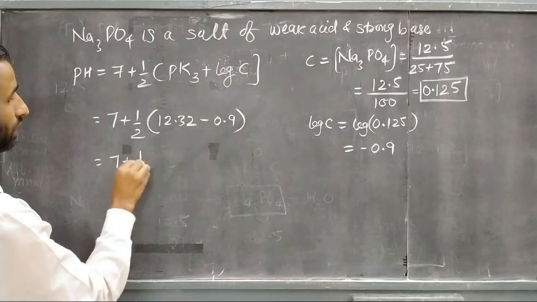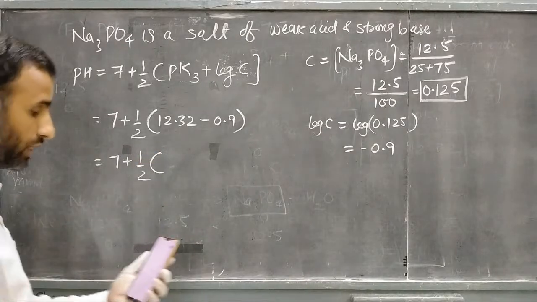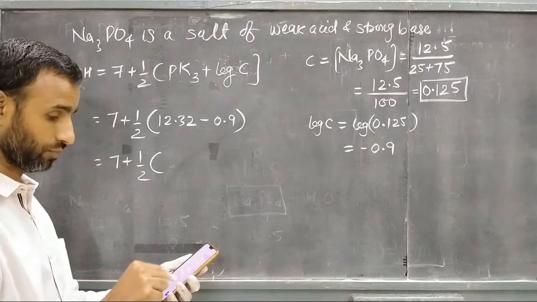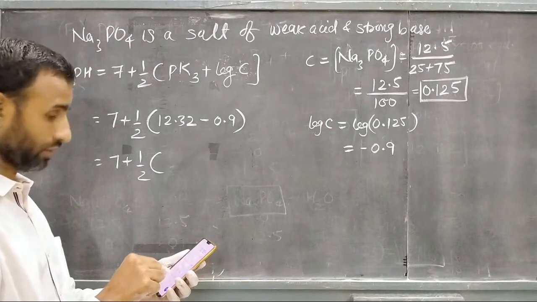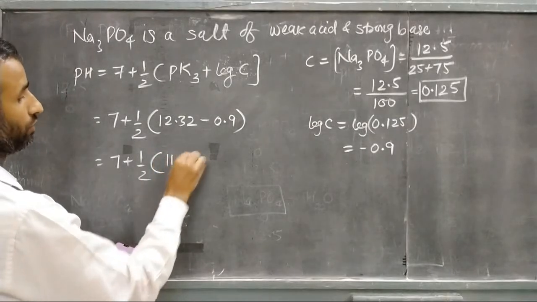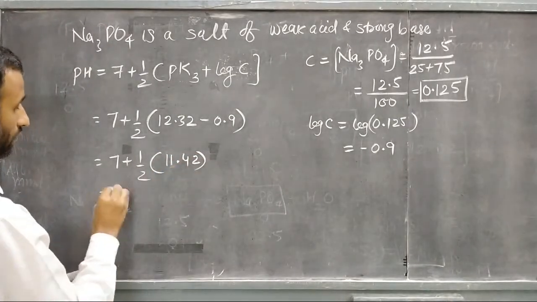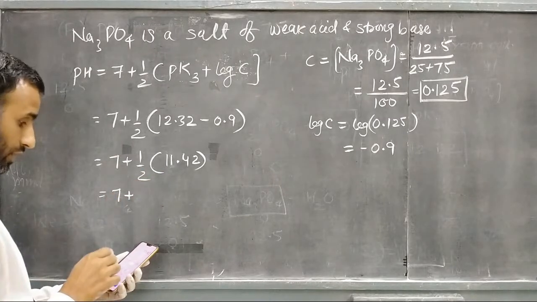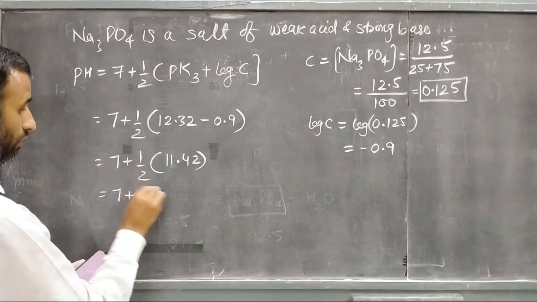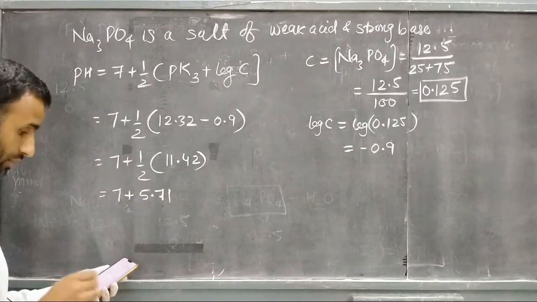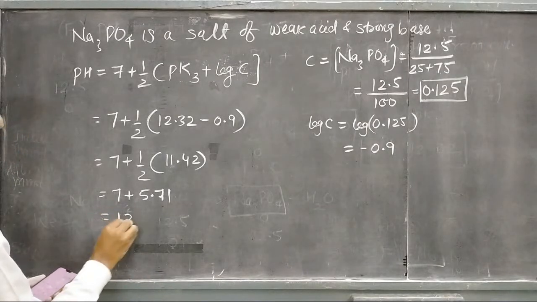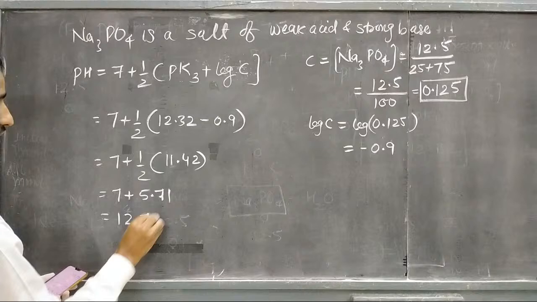So 7 plus half of 12.32 minus 0.9, that is 11.42. So that is 7 plus 11.42 divided by 2, 5.71, and plus 7, so it is 12.71.